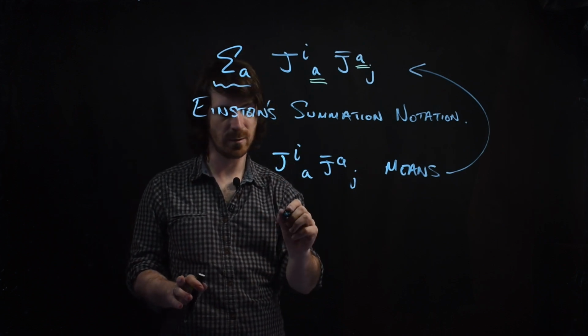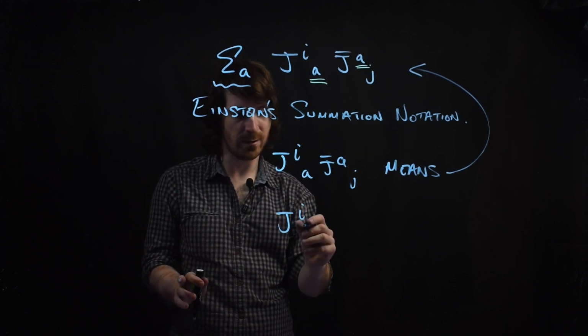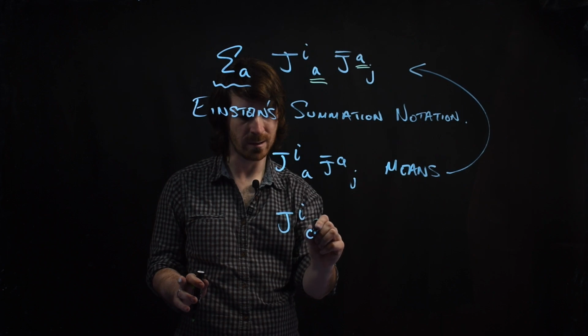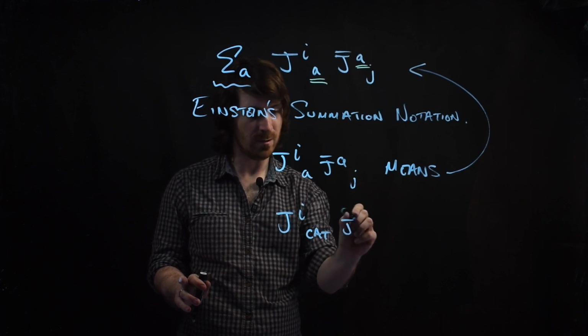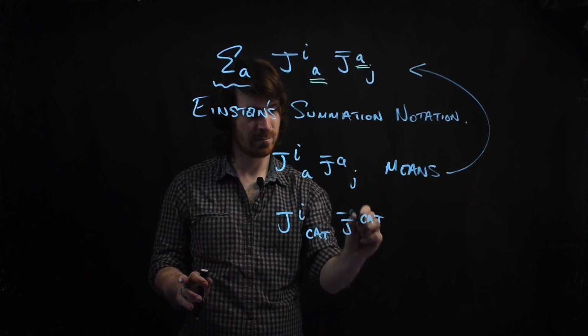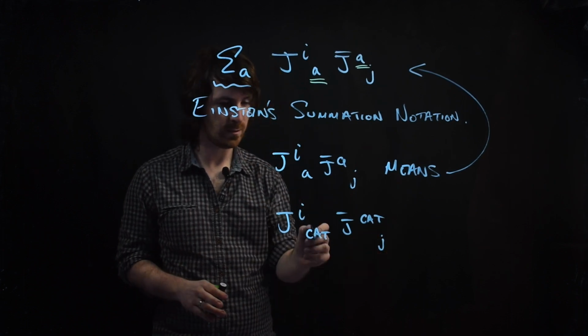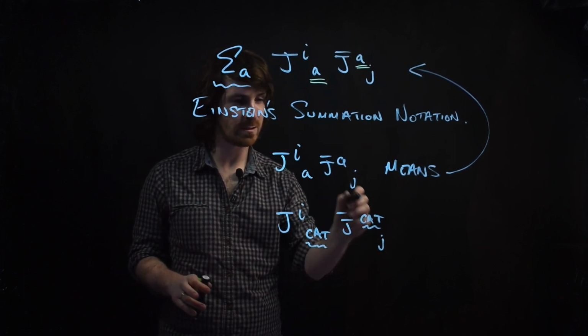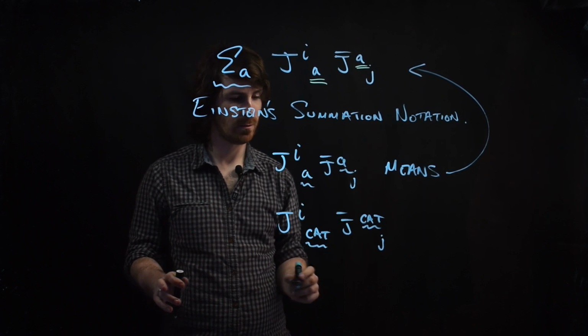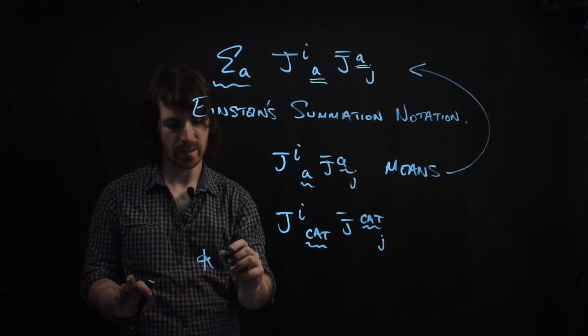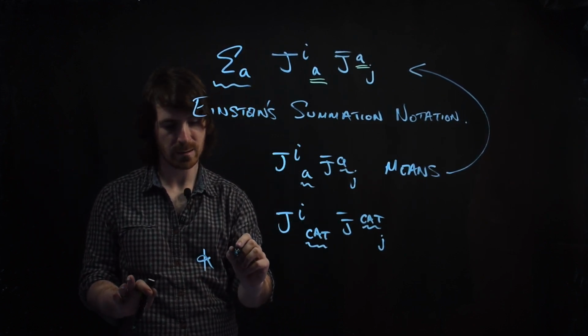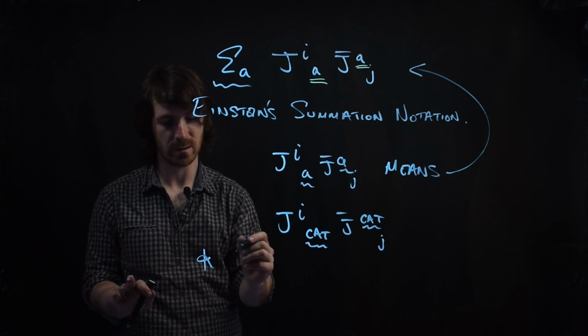So this can be written as J i, anything you like. So let's have a cat, J i cat, J bar cat j. This thing is called a dummy index.